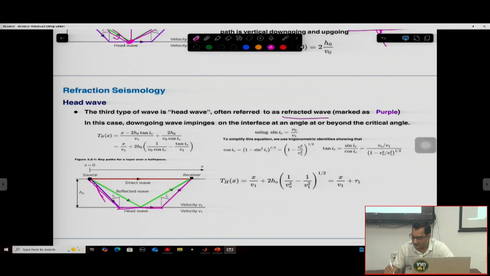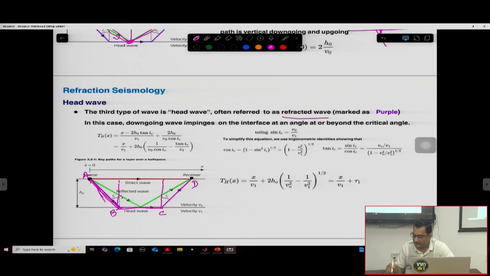Okay, so for that purpose you can just make a simple geometry like this and then calculate the distances. Let's suppose this is your A, here it is your B, this is your C, and this is your D. So how much will be the AB? Okay, that you can calculate by just applying some cosine or tan or sine functions, and then you can readily calculate this AB distance.